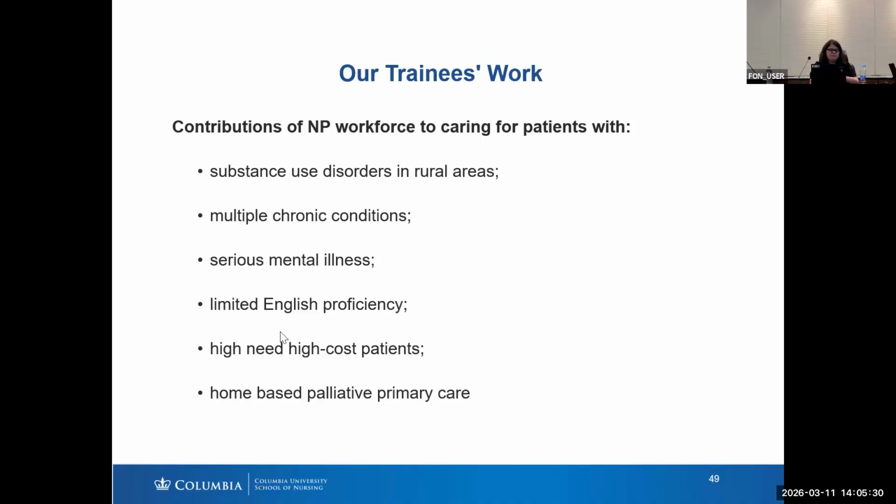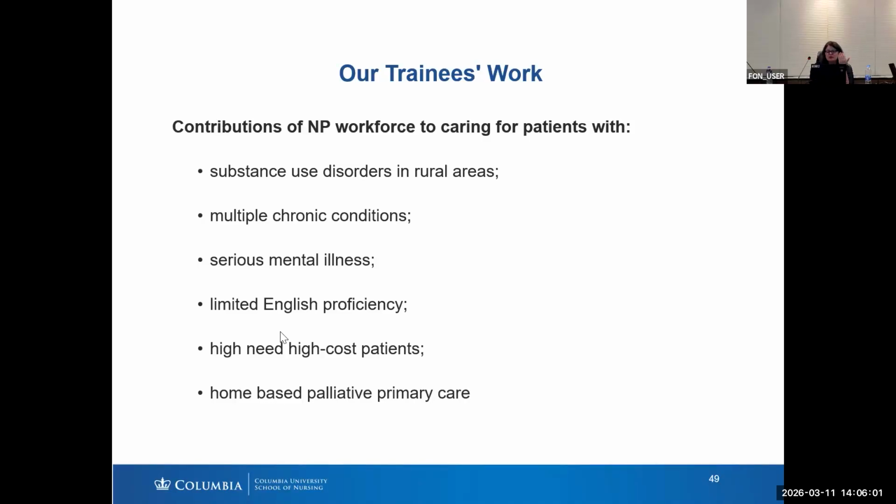So these are some of the topics that my trainees have been studying. I have PhD students and postdoctoral students who study substance use in rural areas, how to deliver better care to patients with multiple chronic conditions, serious mental illness, limited English proficiency, and palliative primary care.